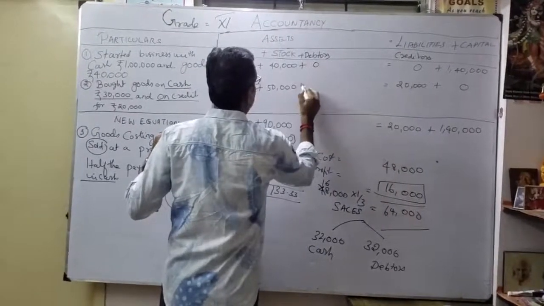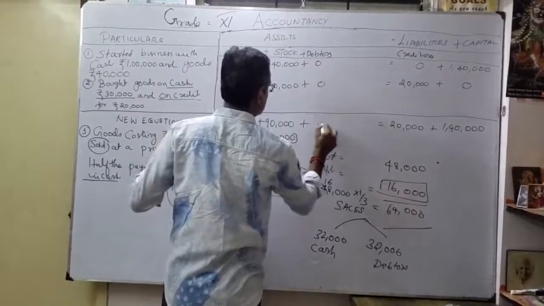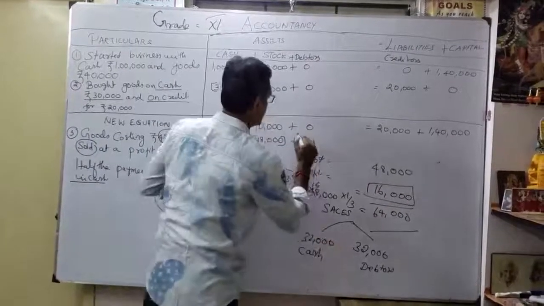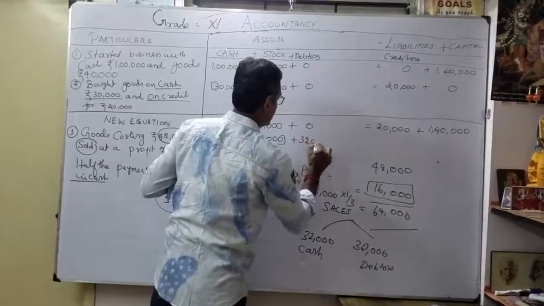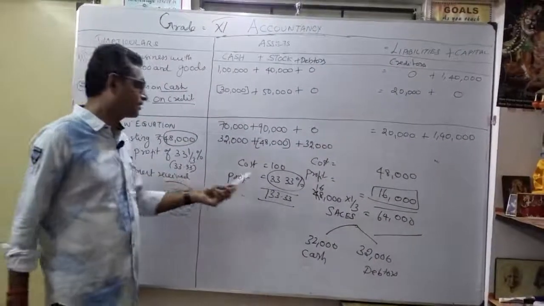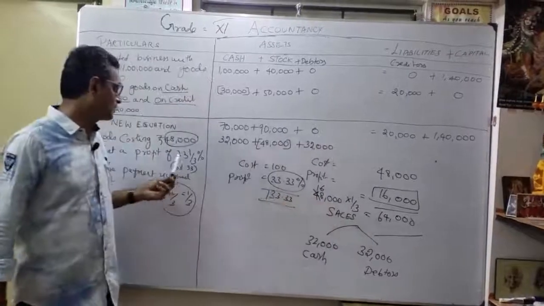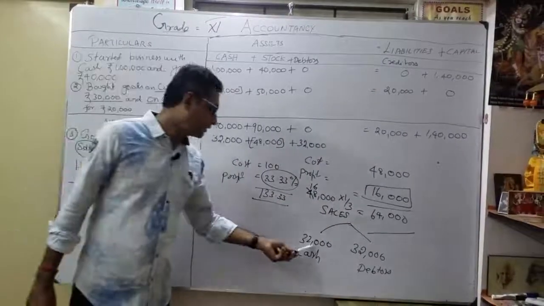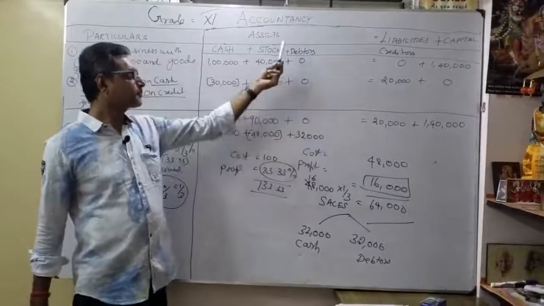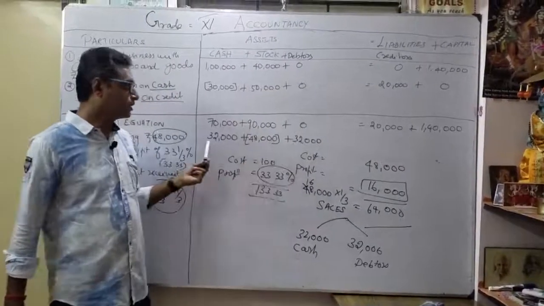Plus 0, plus 0, plus 0, plus 32,000 as debtors. I just received only part payment, 32,000, so the balance I show as debtors.